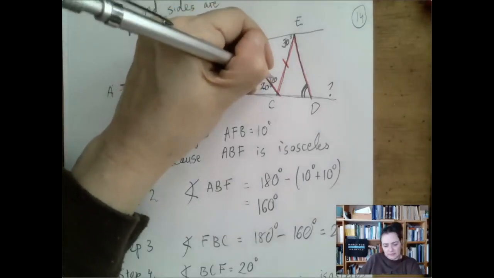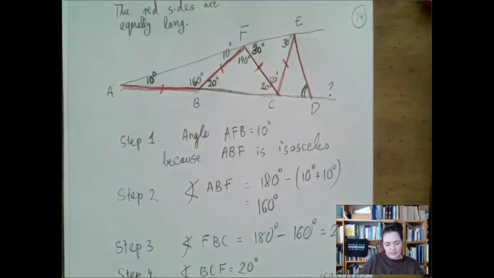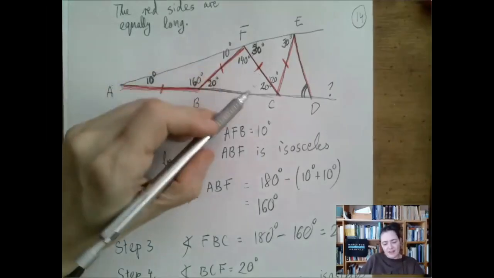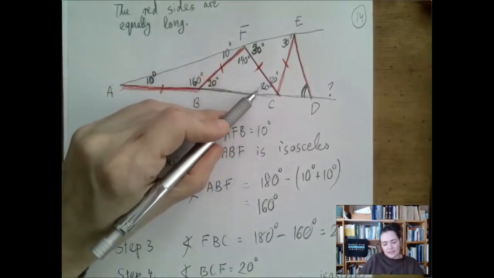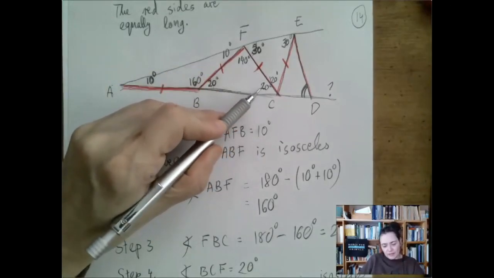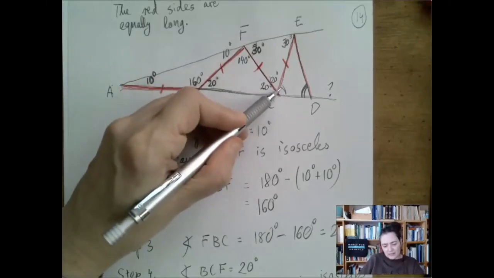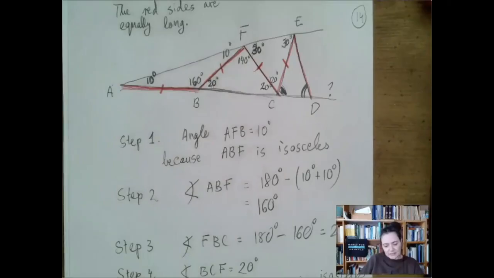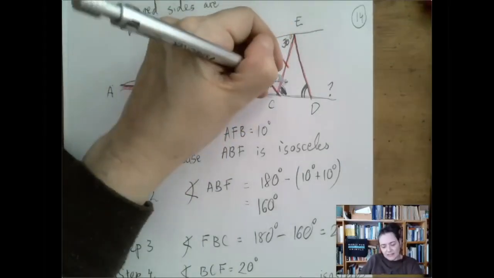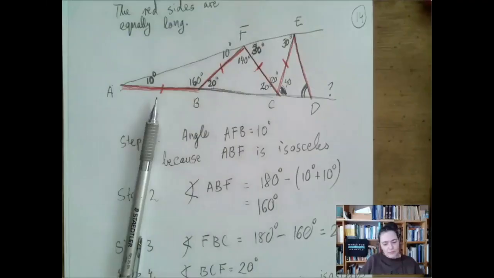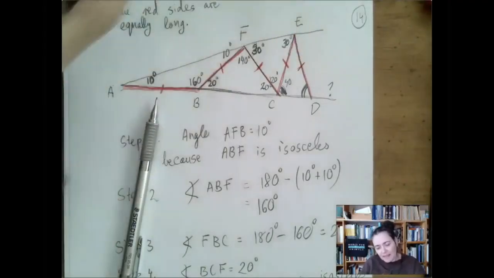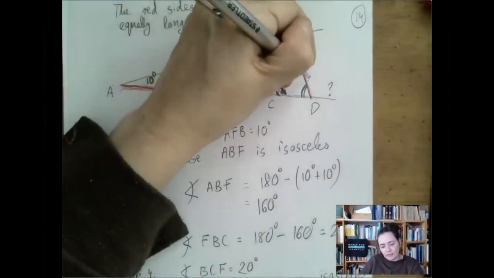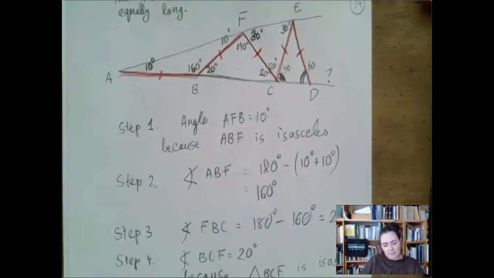Oh. Yeah, this is just a disaster. 120 plus 20 is 140, which makes this angle 40. Although it looks more like 80. And that means that what we were looking for is also 40.